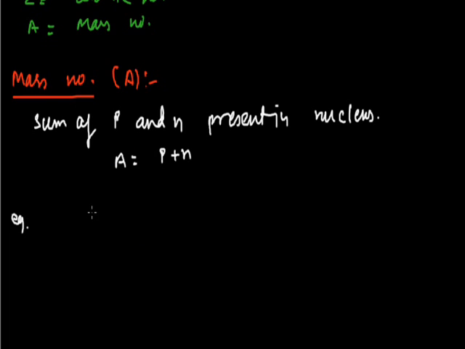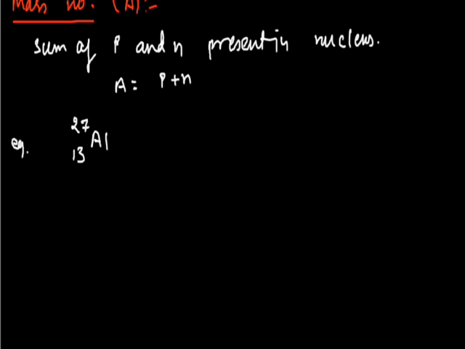Examples. Suppose here is written aluminium 13Al27, and you have to find out the number of protons, electrons, neutrons, mass number and the atomic number. First of all Z, then P, E and A. The left subscript 13 denotes the atomic number, that is 13, and if atomic number is 13, then obviously number of protons will be 13, and we know that aluminum here is the neutral atom, so electrons will also be 13.